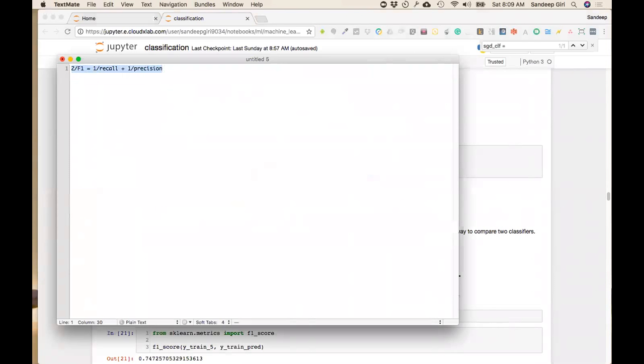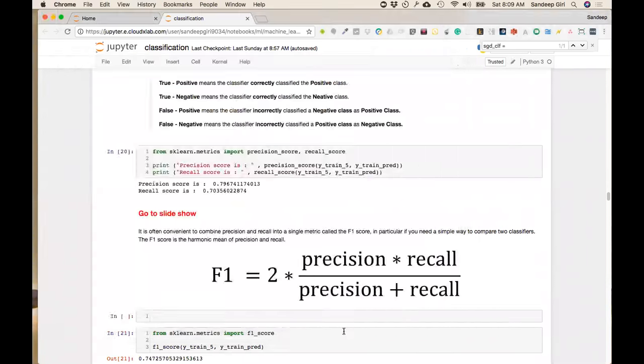F1 score essentially means that both should be good. If F1 score is great, then precision and recall both will be great.